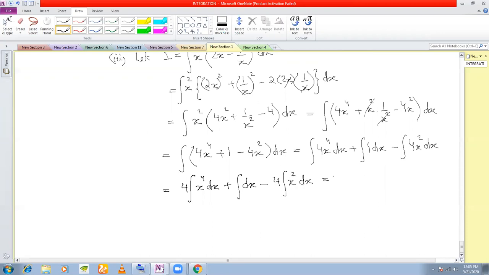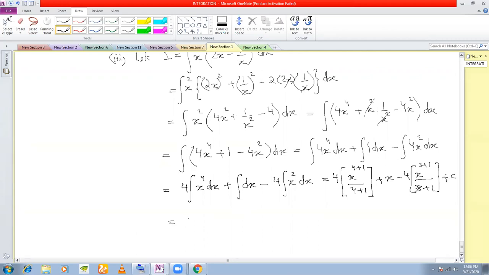So this now becomes 4 integration x to the power of 4 is x to the power of 4 plus 1 by 4 plus 1. Integration dx is simply x minus 4 integration x square is x to the power of 2 plus 1 by 2 plus 1 plus c.